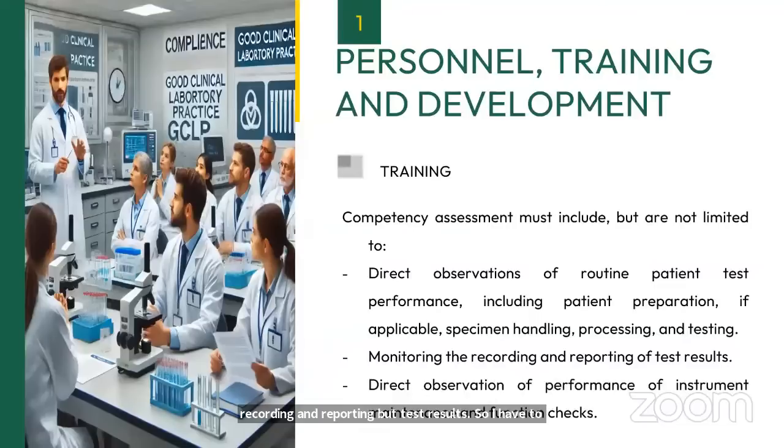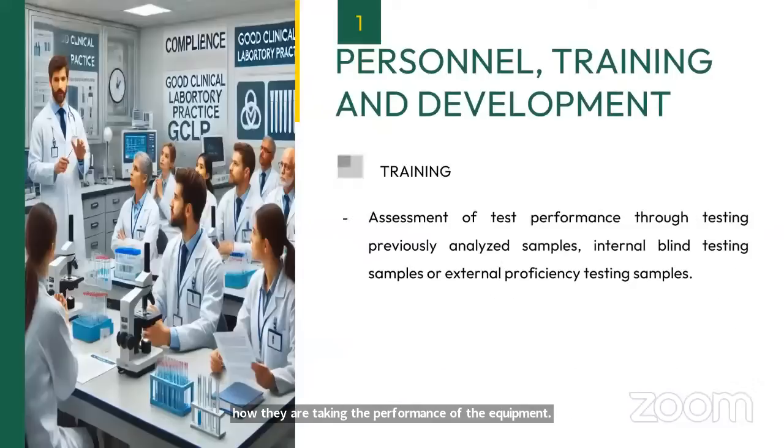I can also observe how the staff is performing equipment maintenance and function checks. Before performing any test, you should check whether the equipment is functioning properly. So you can directly observe how they are performing the function check and how they are checking the performance of the equipment. You can also assess test performance through testing of previously analyzed samples.